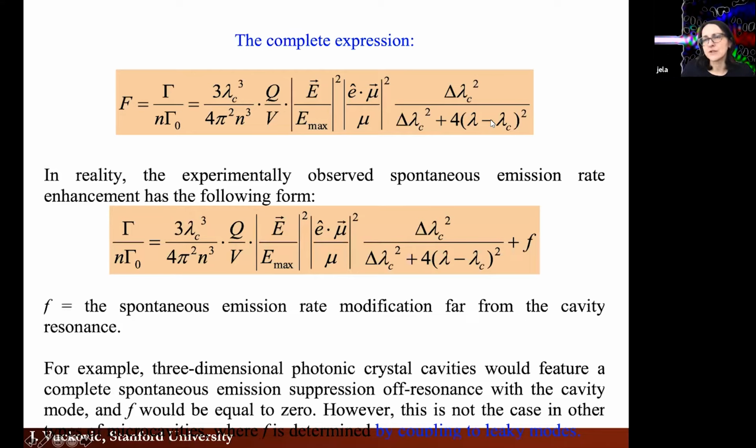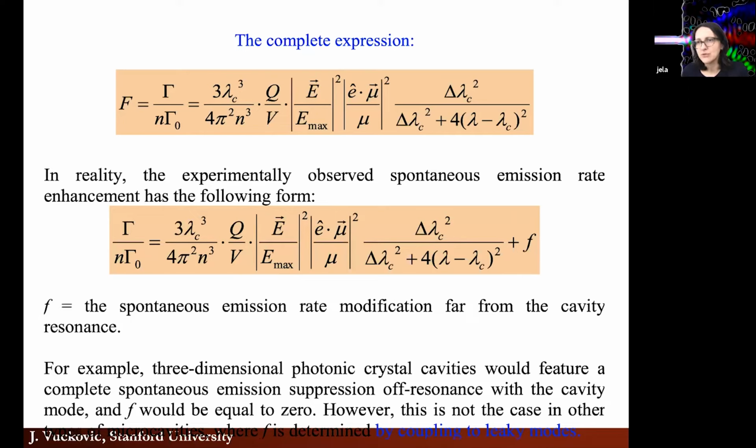And I also wanted to add one extra comment. In the picture that we discussed, where there is only one cavity mode and the density of optical states is 0 outside of it, that's not really what you would see in the real world, because when you detune from the cavity resonance, there will always be some residual continuum of modes, unless you're in a three-dimensional photonic crystal where you completely suppress modes.